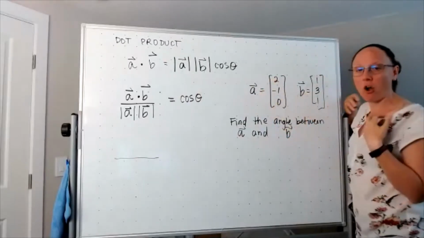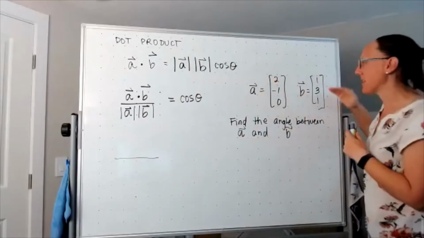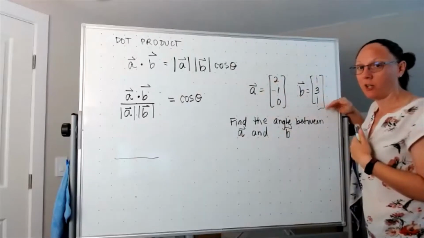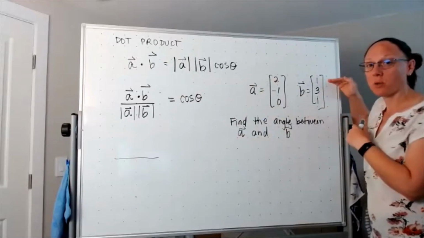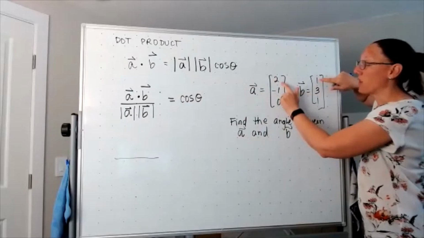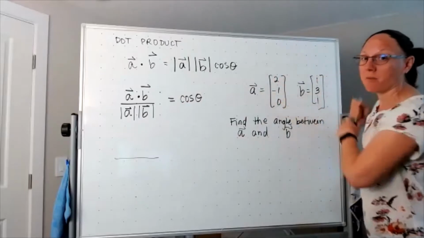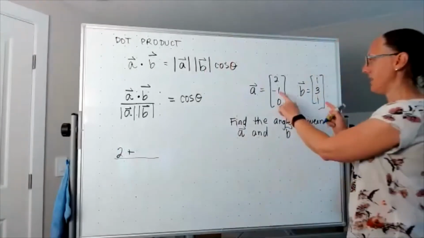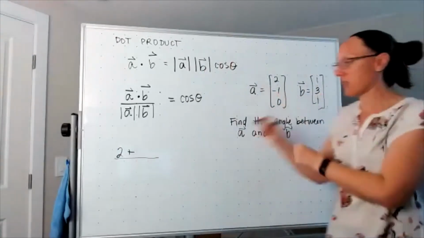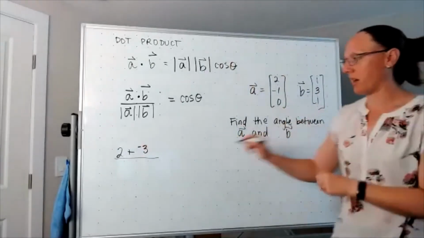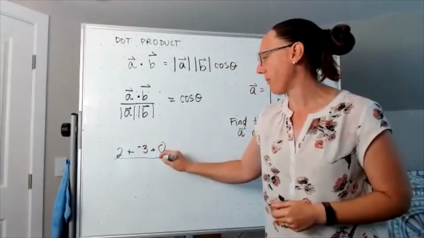I call them x values because I think about this as x direction, y direction, z direction. We could also just think of them as first component, second component, third component. So if I multiply those first components together, 2 times 1, I get 2. I will add that to -1 times 3, so that's -3. And 0 times 1 is 0.